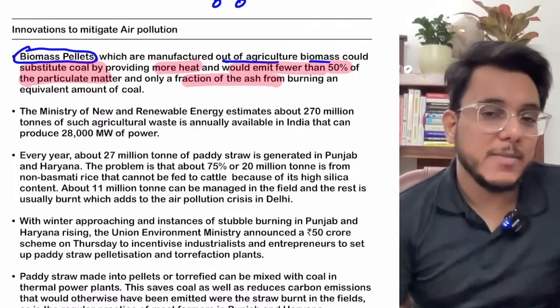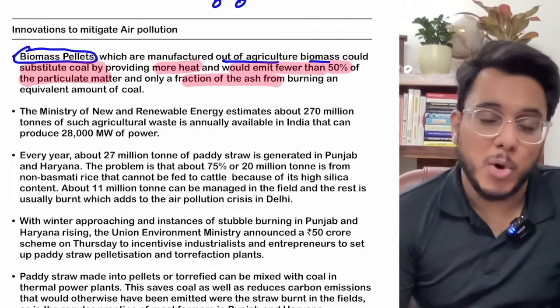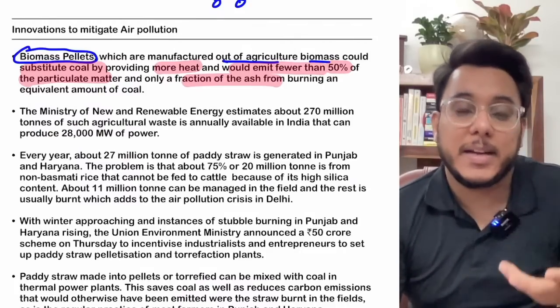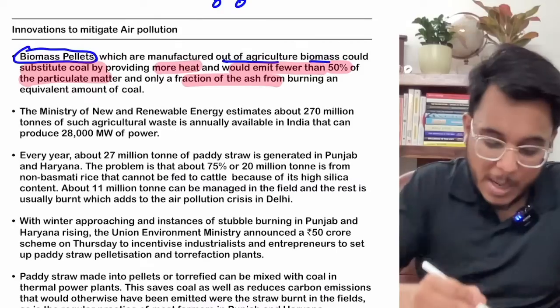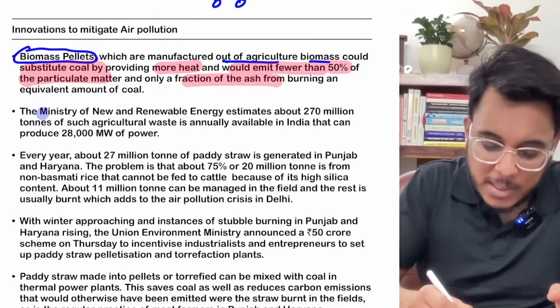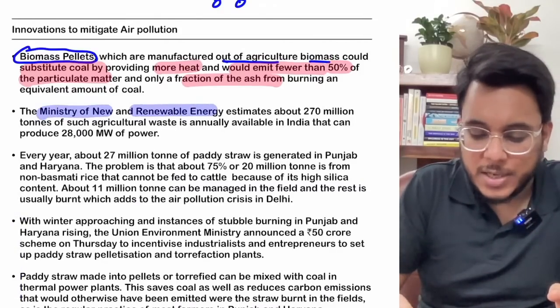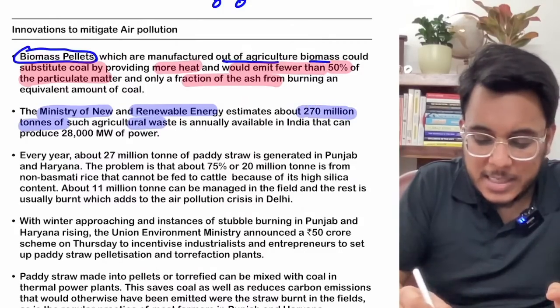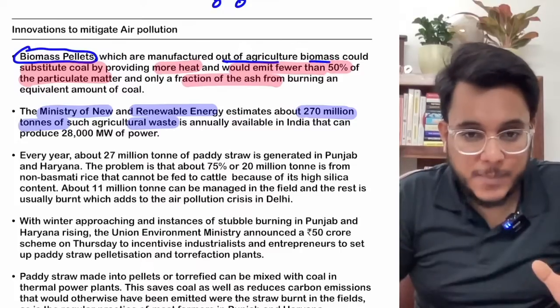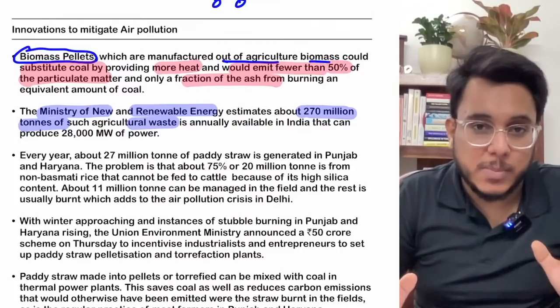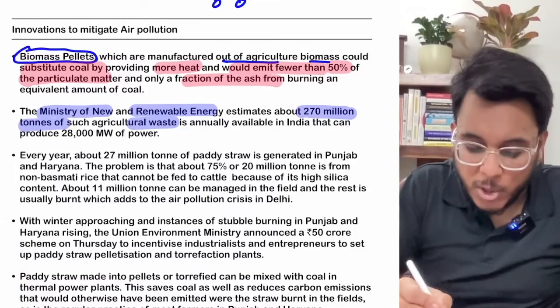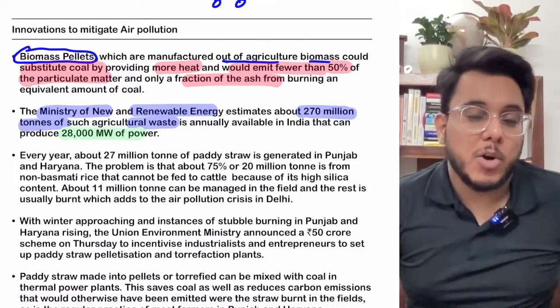So coal gives out ash and leads to more particulate matter emission, which is reduced here, and it even gives more heat. It has been provided by the Ministry of New and Renewable Energy that about 270 million tons of agricultural waste is produced annually, and this waste can be used to produce 28,000 megawatt of power.